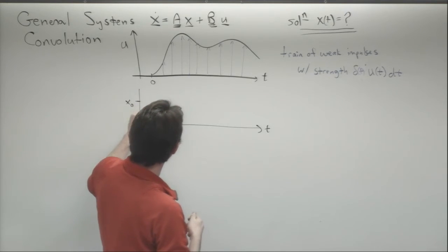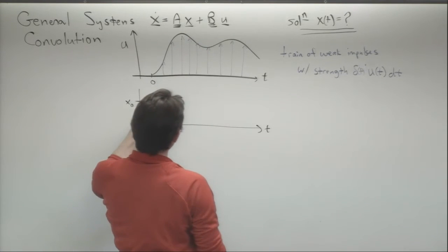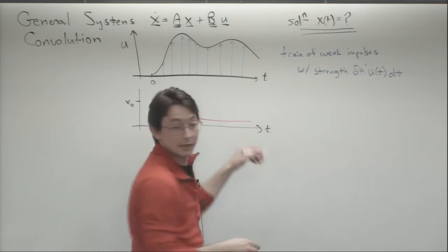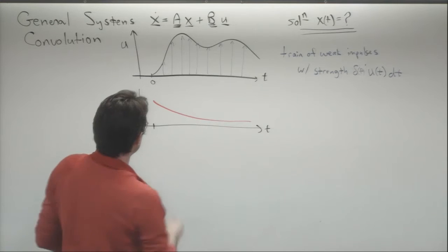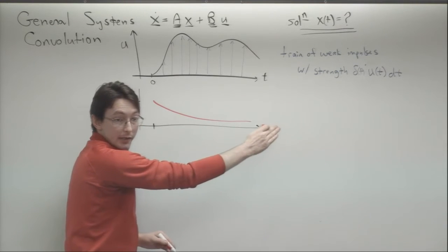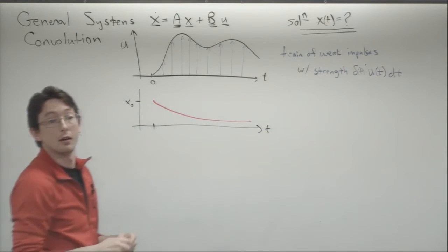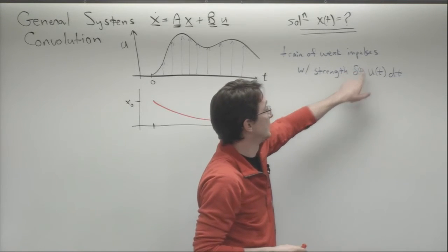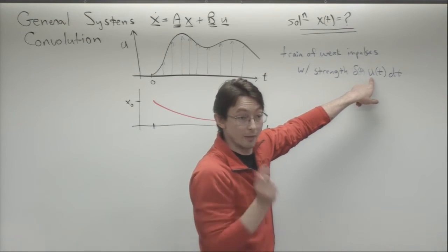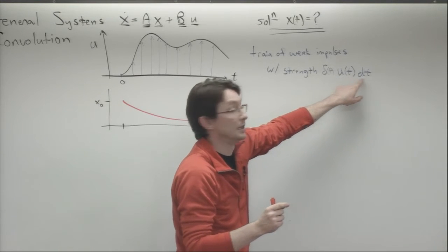The initial condition response for some initial condition is just this decay or growth or whatever it does, but it's just some signal that starts at x naught and decays forever. This is just delta of t. It's a Dirac delta function with a magnitude of u of t dt.